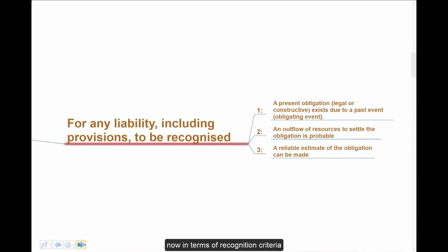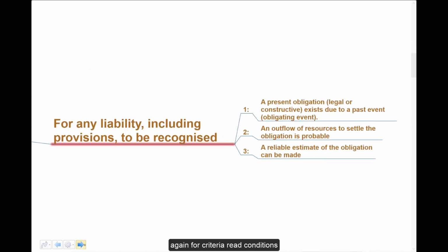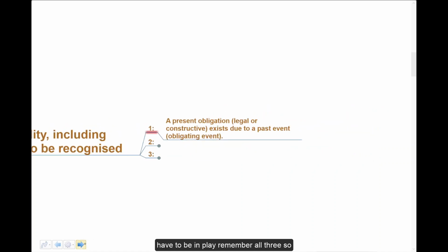Now, in terms of recognition criteria, again, for criteria, read conditions. Remember, let's memorize them. For any liability, including provisions, to be recognized, all three of the following have to be in play. Remember, all three. So it has to be a present obligation, an obligation now, legal or constructive.